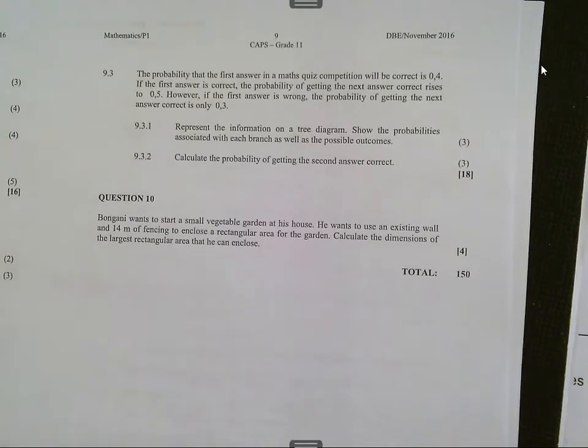The probability that the first answer in a math quiz competition will be correct is 0,4. If the first answer is correct, the probability of getting the next answer correct rises to 0,5. If the first answer is wrong, the probability of getting the next answer correct is only 0,3. Draw a tree diagram. Go.